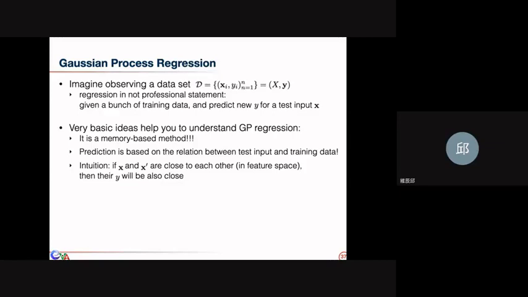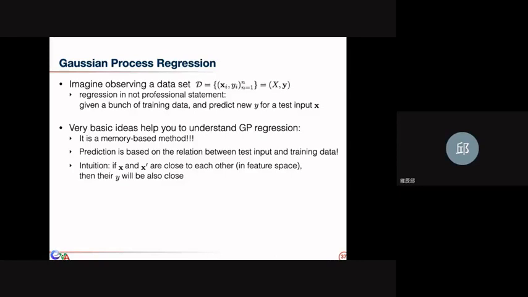So again, I would like to emphasize the very basic ideas for you to understand Gaussian process regression. It is a memory-based method. So we are trying to use the training data in our prediction, and basically the prediction is based on the relation between the test input and training data.